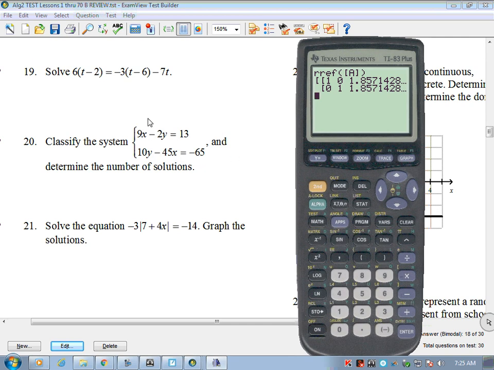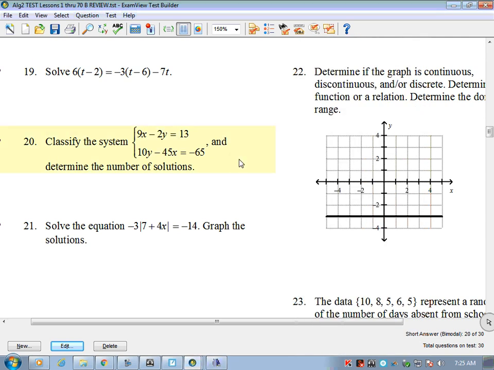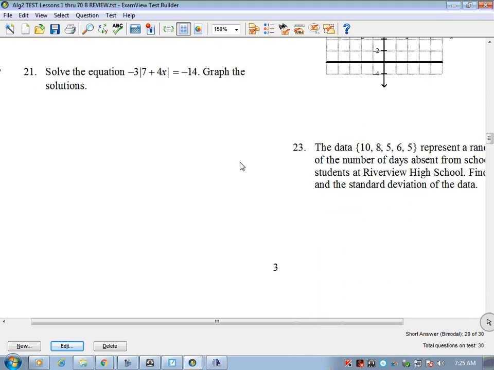If you reduce these into y-intercept form, you'd see that they were the same line, and that's where you would get infinitely many solutions. If they're the same line, it's going to be consistent dependent, just so you're aware of that. And that's what that would look like in an RREF form of the equation.